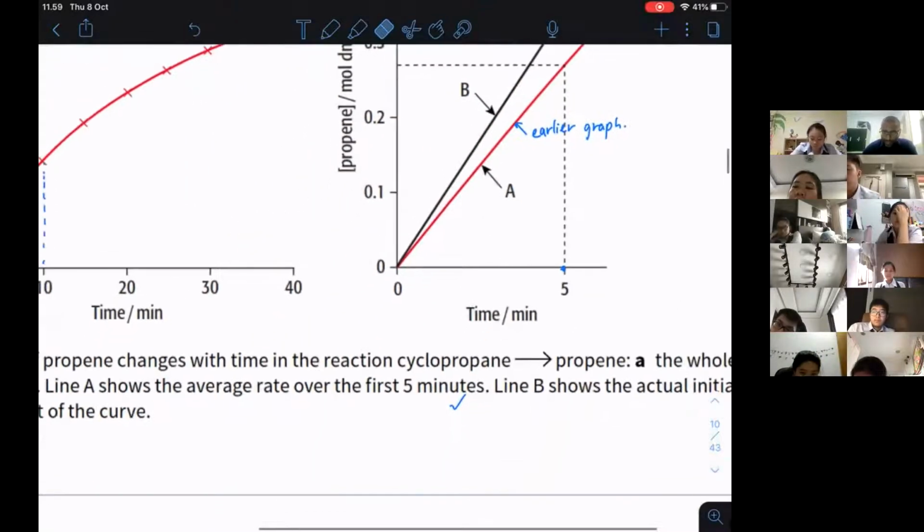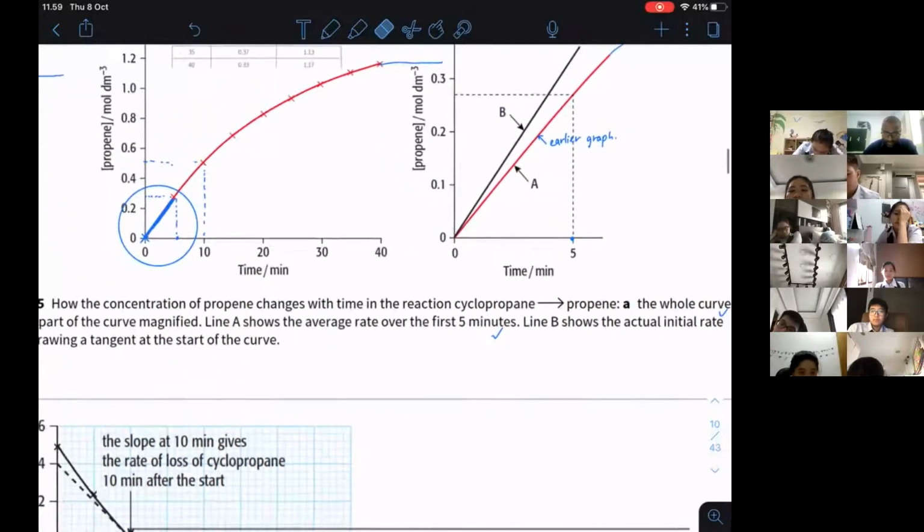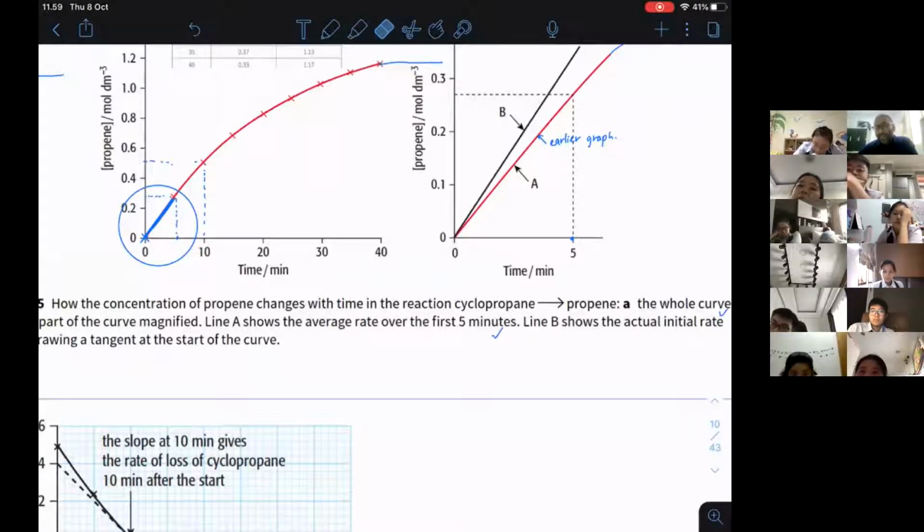So here they have drawn a tangent for the actual initial rate. Now why do they mention rate? The rate is found from concentration divided by time.